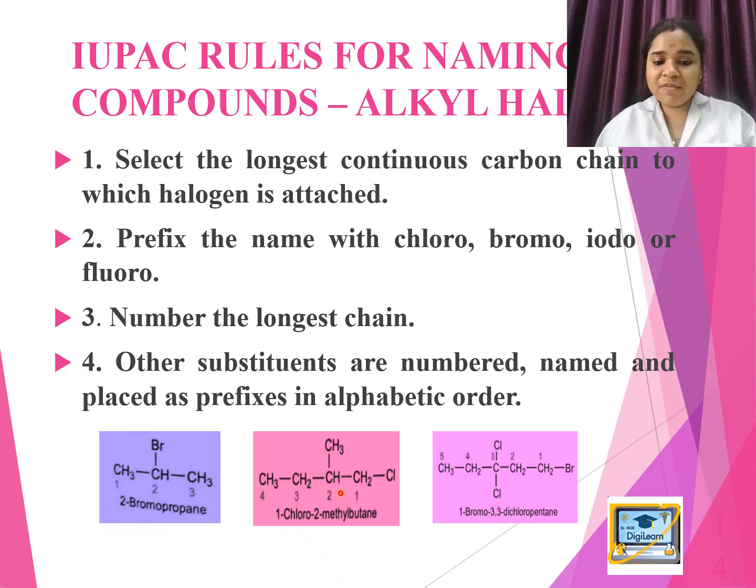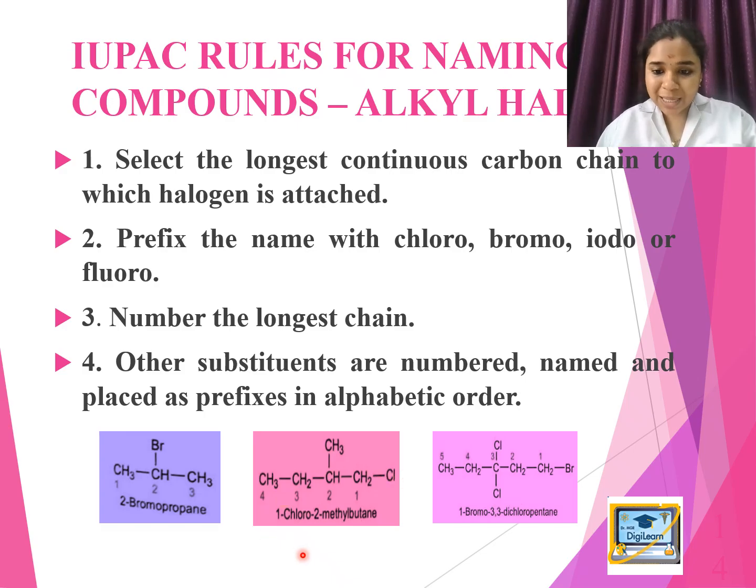So look into this. 1, 2, 3, 4. 4 carbon atoms are present in your parent chain. In position 1, chloro is present. In position 2, methyl is present. So what you should follow here: when 2 or more substituents are present, the prefixes should be arranged in alphabetical order. So should methyl come first or chloro come first?